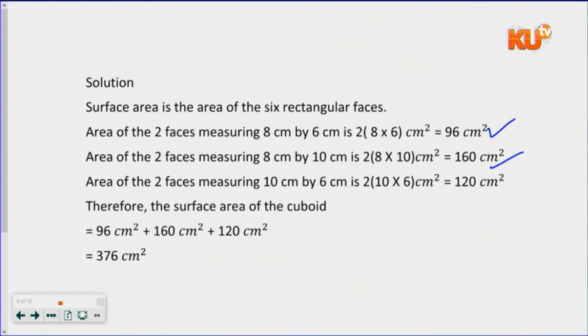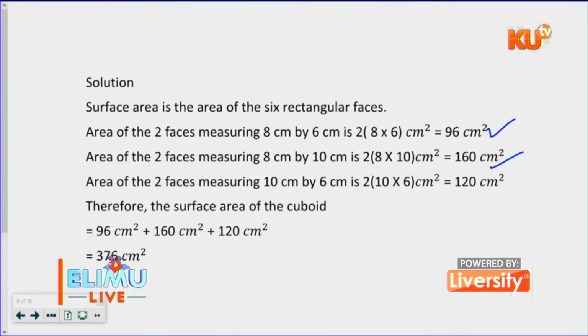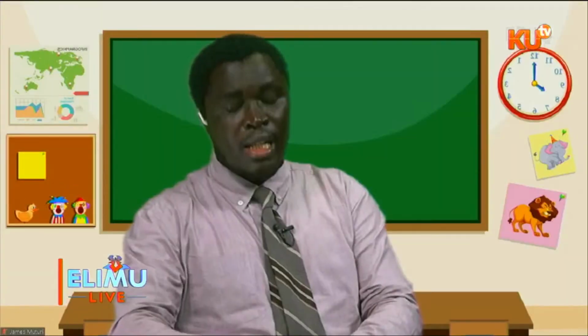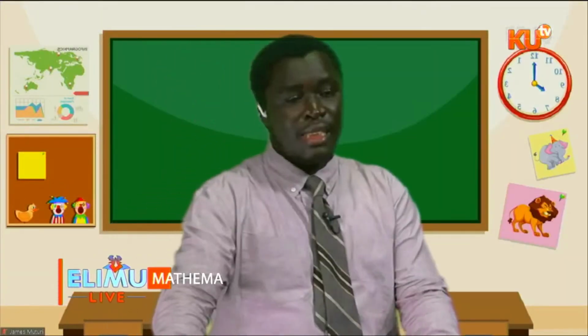And we come to the third, area of 2 faces measuring 10 centimeters by 6 centimeters. There are 2 faces, so we say 2 into 10 times 6. This one will give us here 120 square centimeters.